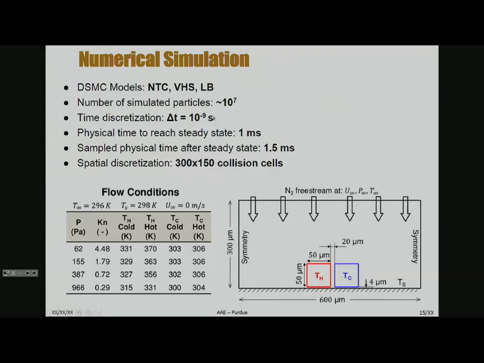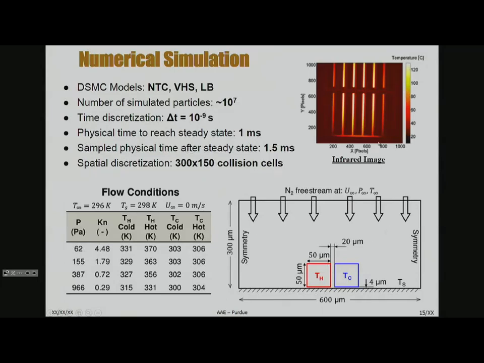Turned out we needed a very small time step for this. Our spatial discretization was 300 by 150 collision cells. This gap was key to us, so we wanted at least 5 cells across that gap, so that was our constraint here. And you can see all of our flow conditions: our pressures, our Knudsen numbers, and the temperature of the beams.